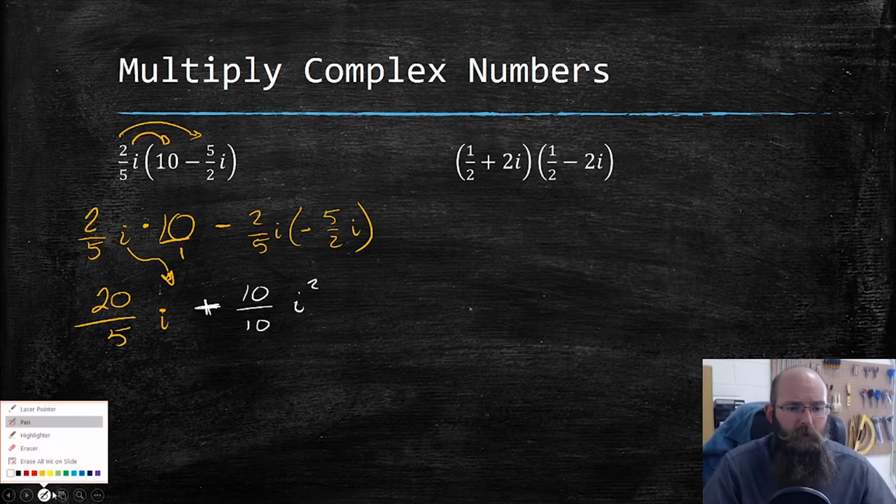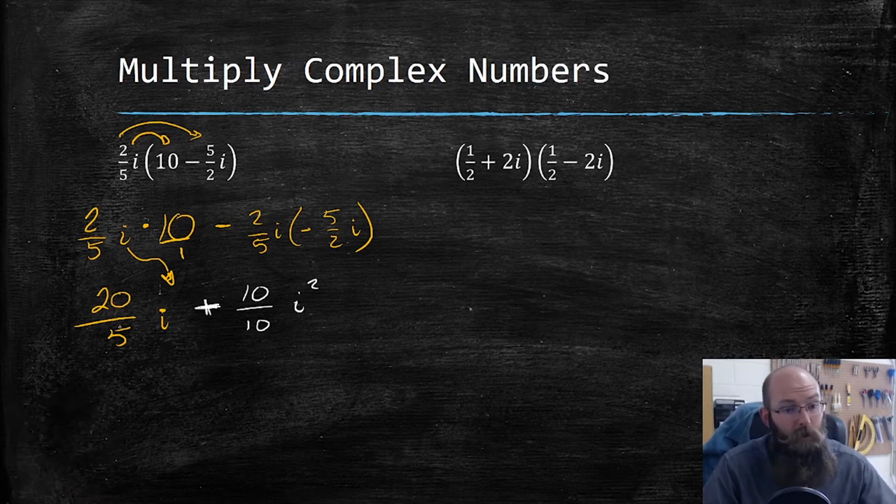Alright, I'm going to switch colors again, we'll go to red. 20 divided by 5 is 4. Don't let that part scare you. 10 over 10 is just a 1. And then i squared, well, I told you all the way at the beginning, i is the square root of -1. And then now it's being squared again. We're not quite there yet, so you have to take me on my word, but the squared and the square root cancel each other. That's why they're very similar names.